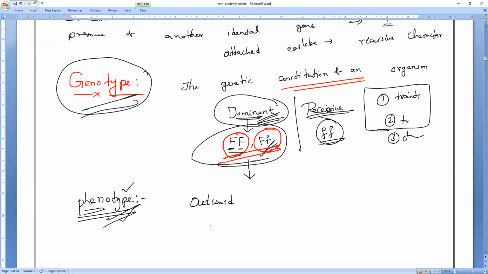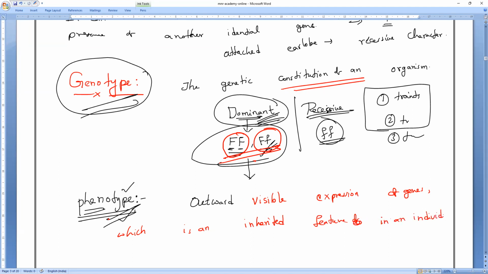The outside appearance is called phenotype. Anybody having doubt, you can ask me. Outside, outward, visible expression of genes, which is an inherited feature in an individual's appearance.